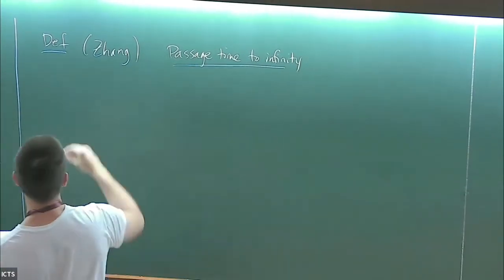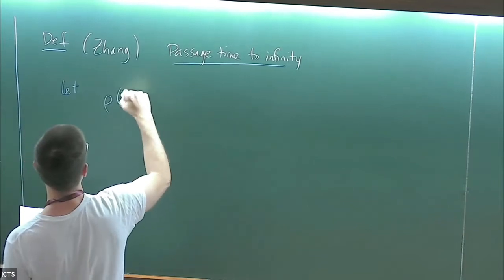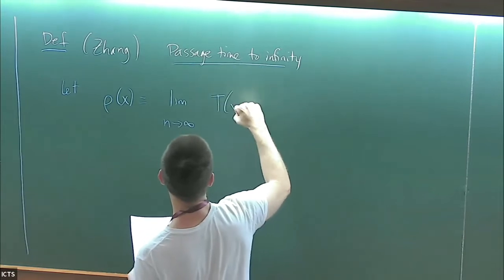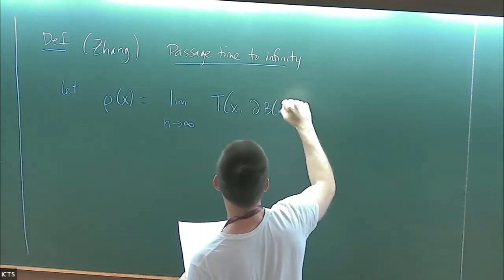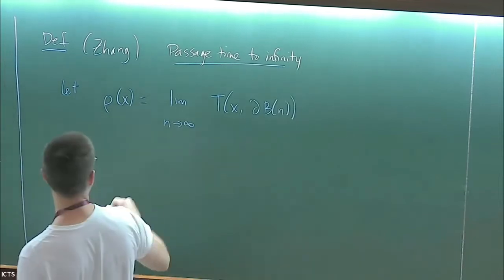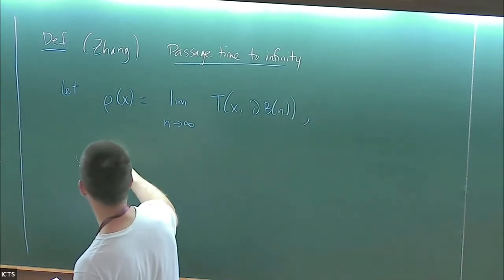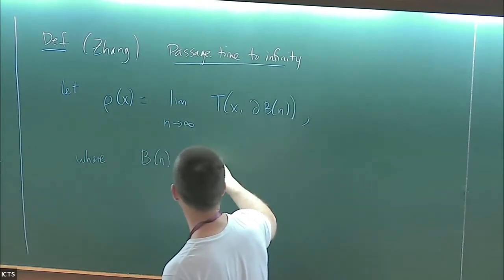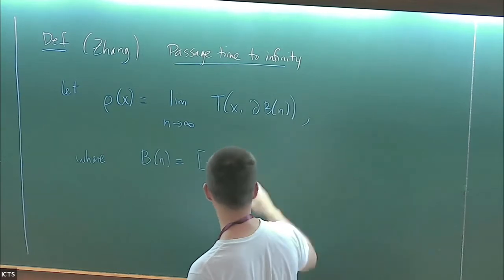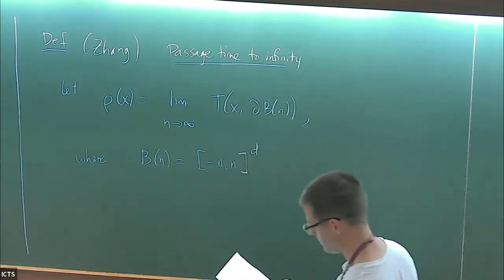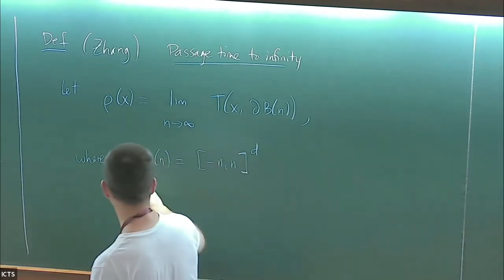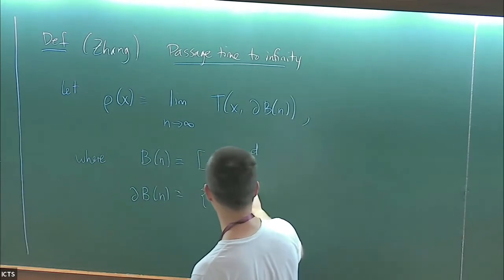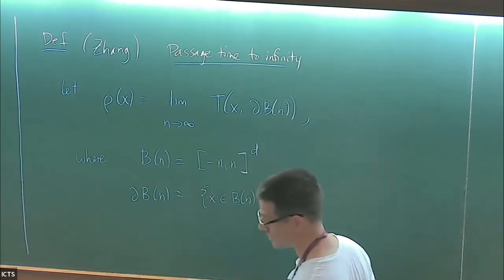Okay, so we're going to let rho of x equal the limit as n goes to infinity of the passage time between x and the boundary of the box of size n. So here, B_n is [-n, n]^d, and its boundary ∂B_n is just the set of x in B_n which are adjacent to the complement.